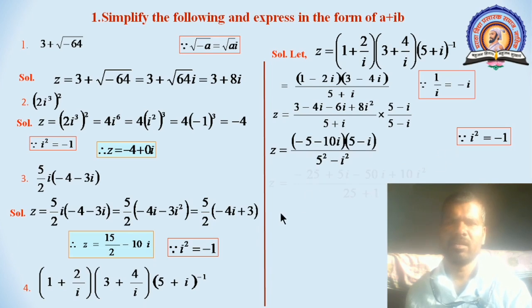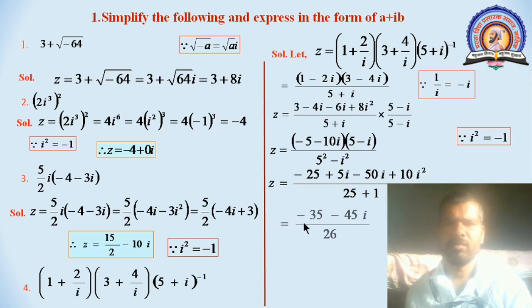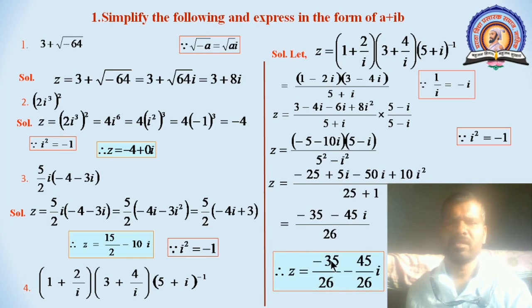Multiplying these two brackets, we get (25 plus 5i minus 50i plus 10i squared) upon (25 plus 1). Now this will be equal to (minus 35 minus 45i) upon 26. Therefore, z becomes minus 35 upon 26 minus 45 upon 26 i. Here a is equal to minus 35 upon 26 and b is equal to minus 45 upon 26. So the required z is in the form of a plus ib.